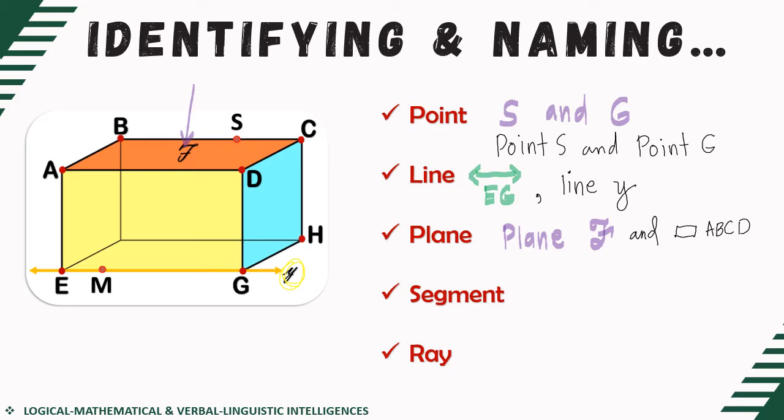Take note that in naming a particular plane, you should follow the format of counterclockwise or clockwise, either of the two. So do not shuffle the points in each vertex or in each corner of the given plane.